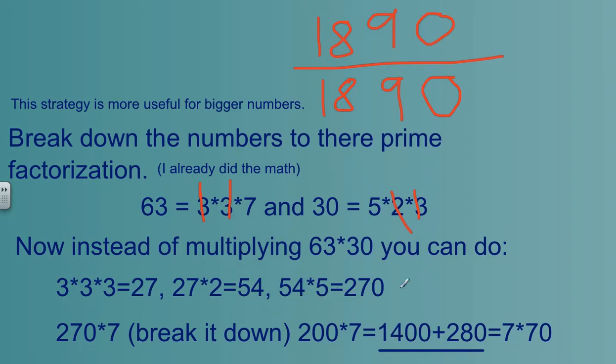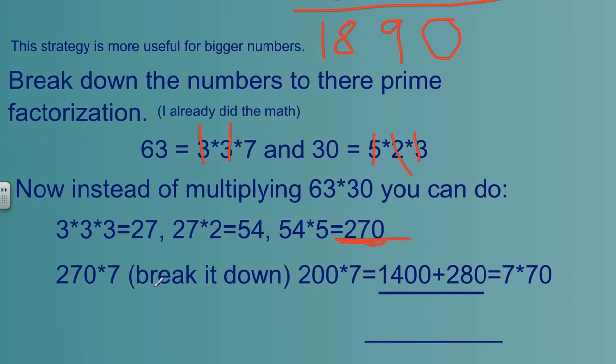Now you may think, how did you figure this out so fast? Well, I already had it written down. 5 times 50 is 250, or 5 times 5 is 25, and then add a 0 to the end, so that's 250. 5 times 4 is 20. 250 plus 20 is 270.